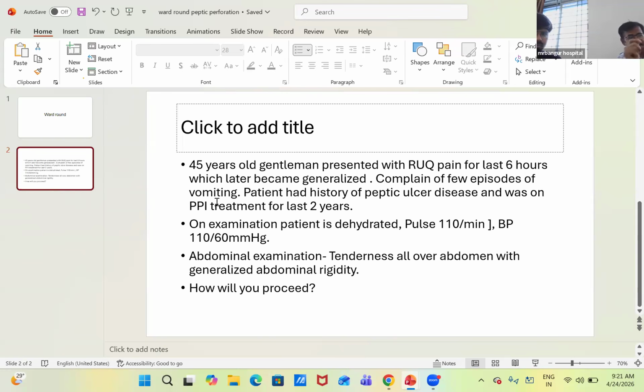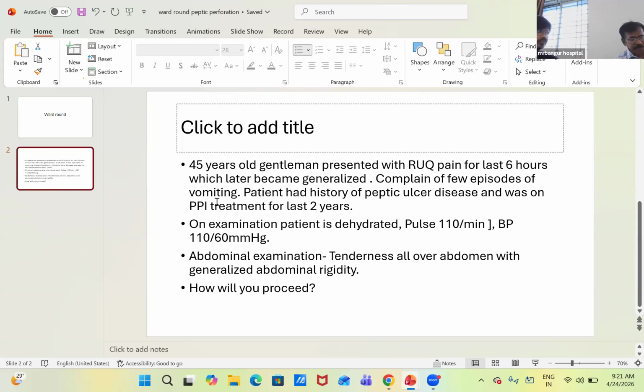Is this surgery possible by doing laparoscopy? Yes. A lot of people are now doing laparoscopic repair of peptic perforation. The most important point is that patients should be well resuscitated. In patients who are hypotensive, when you insufflate the abdomen with carbon dioxide, the hypotension might aggravate.